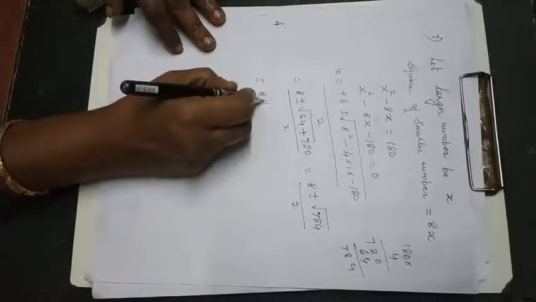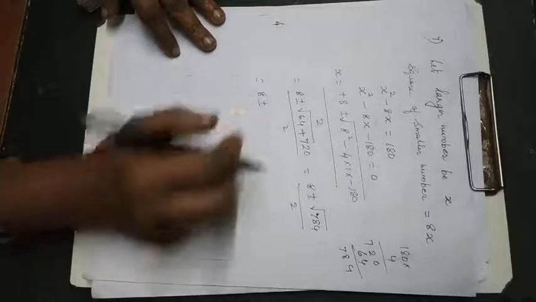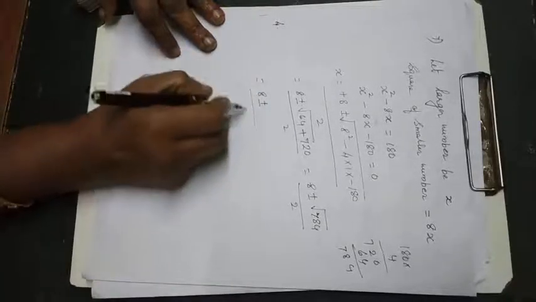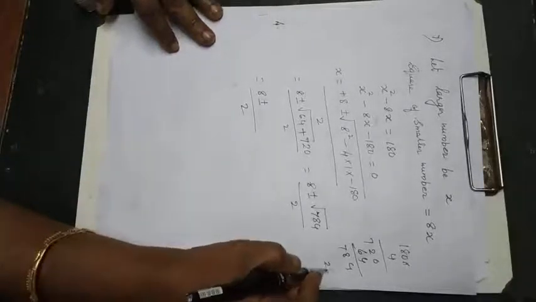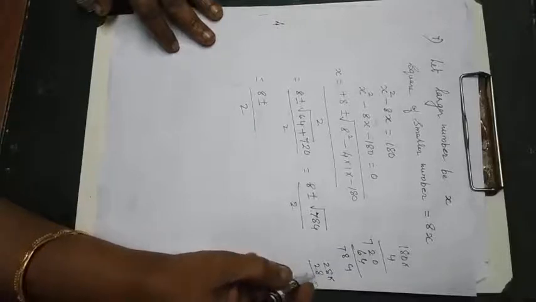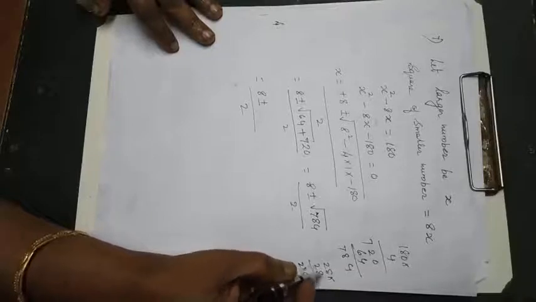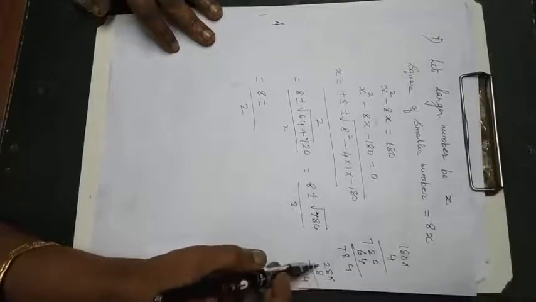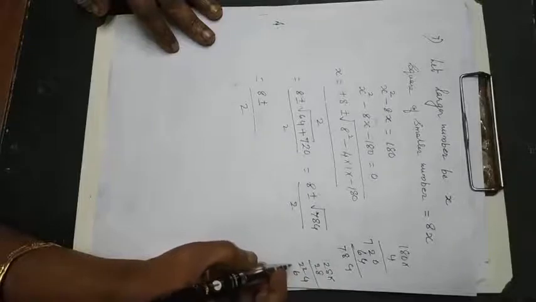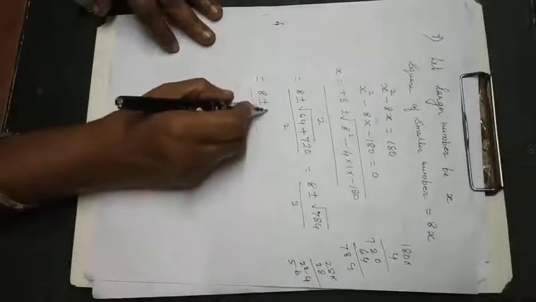So 8 plus or minus root of 784 by 2. So 8 plus or minus 28, so it is 28.